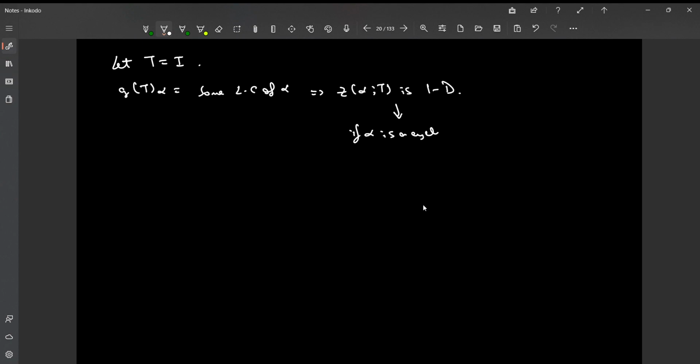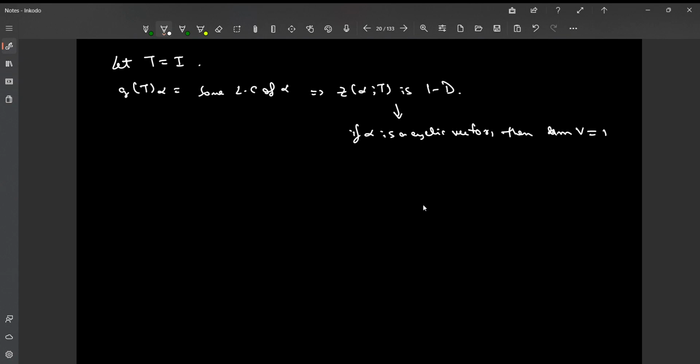That if alpha is a cyclic vector, then the dimension of the vector space V must be equal to 1, because if alpha is a cyclic vector, then Z(alpha, T) is nothing but V. And it has an obvious converse, right? If the dimension of V is 1, then obviously alpha becomes a cyclic vector.